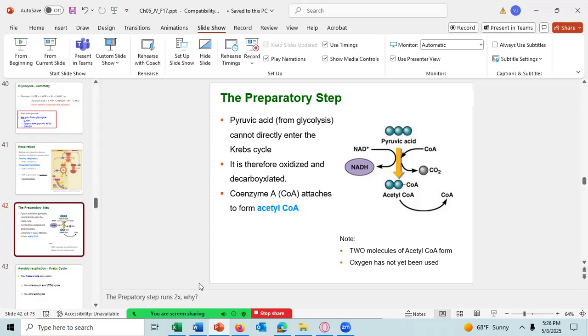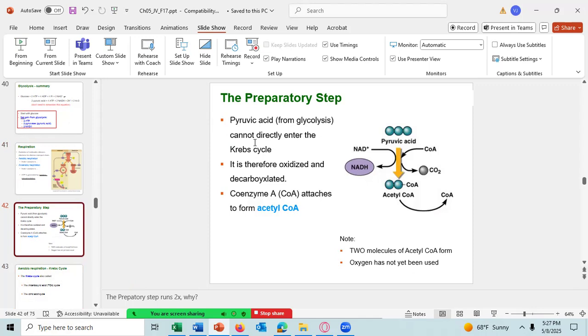All right. So we have pyruvic acid, or pyruvate, coming out of glycolysis. That molecule, pyruvic acid, has to be changed so that it can directly enter the Krebs cycle, the next step. The preparatory step is part of the Krebs cycle, depending on how you define the Krebs cycle.